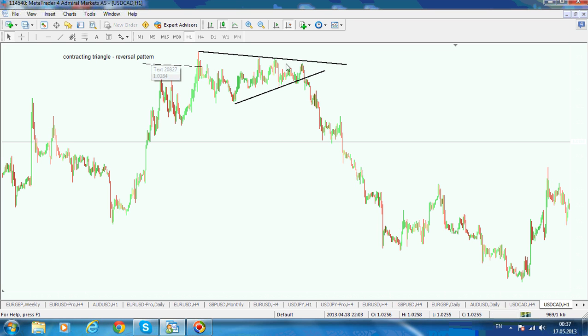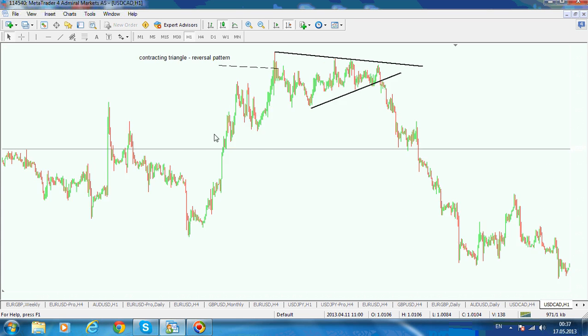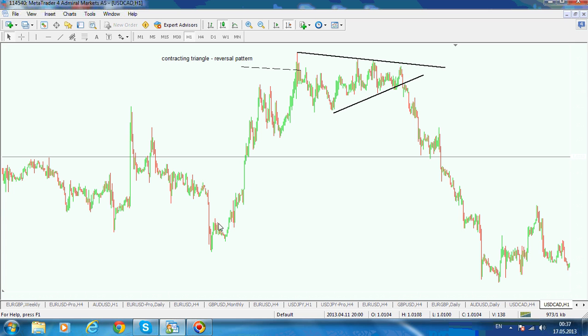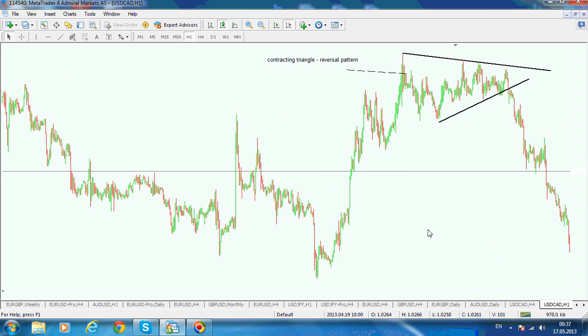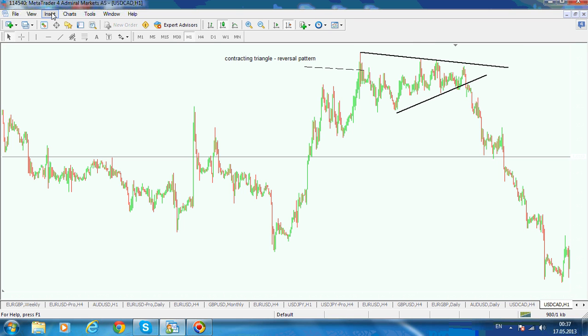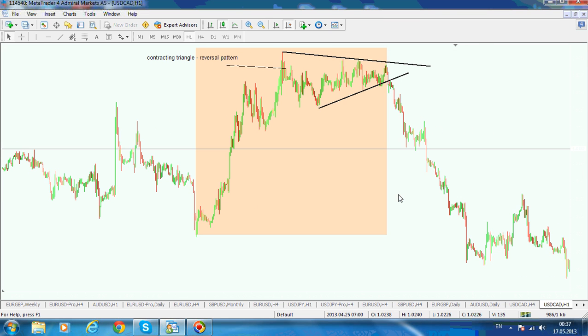And usually, when you have such a triangle, it is part of a complex correction, or previous complex correction. So you should look at the price action before this triangle. So price coming from the upside to the downside. So probably this here, probably this is a complex correction with this leg of this correction being the contracting triangle.